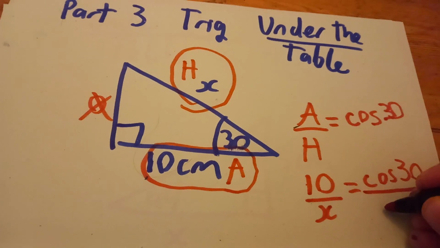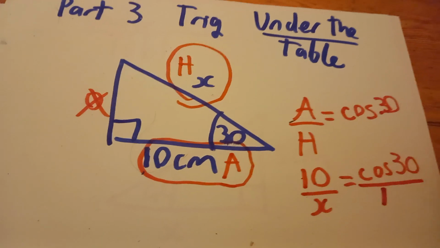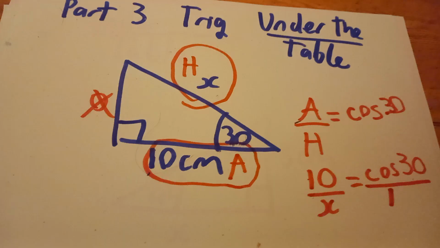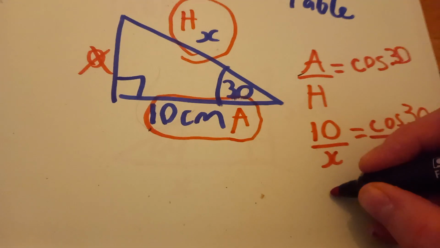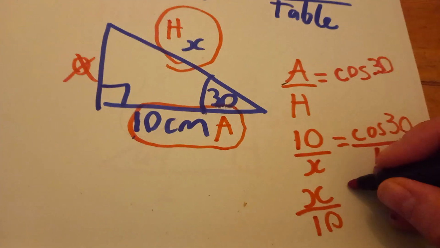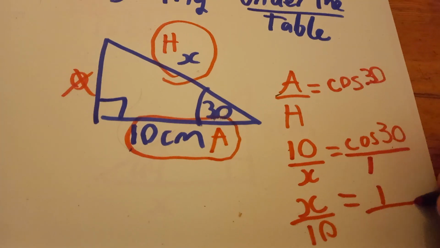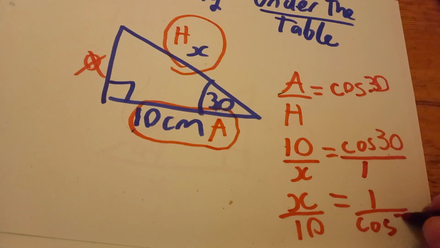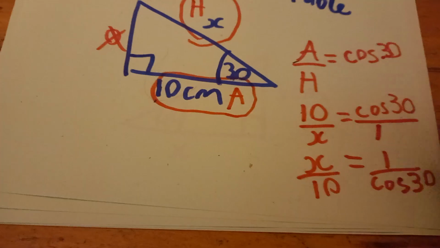The way we could do that is put it over 1. We put cos 30 over 1, which means the same as cos 30, and then we flip them the other way around. Look what happens. The x flips around to 10, and then the 1 flips over with cos 30. Really quite simple, right?